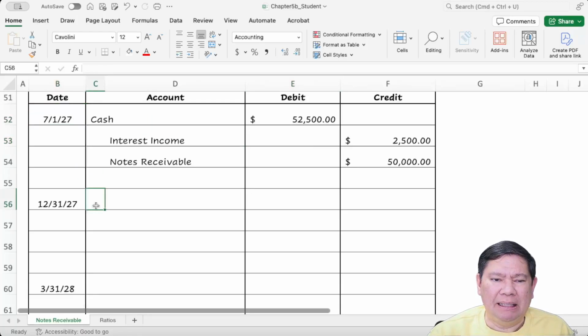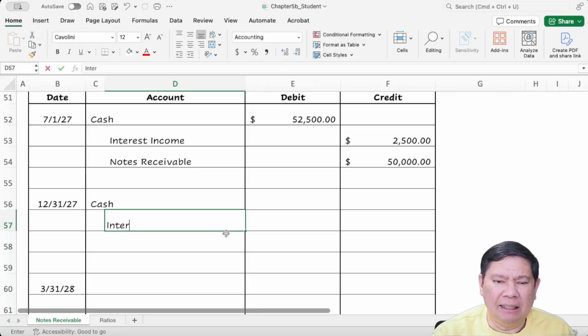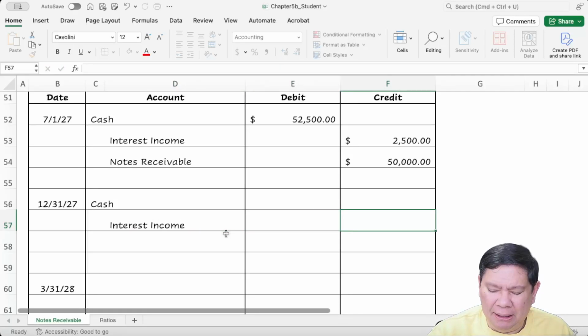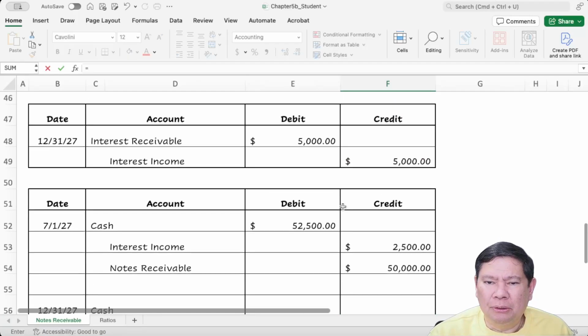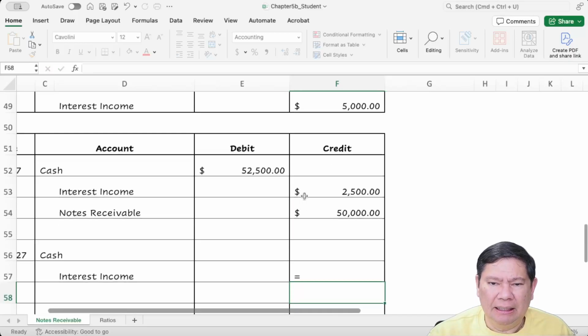What if the payment is done at the end of December? So we will receive cash. We will recognize interest income. This time it's for 12 months. So we're going to use the second one here, $5,000.